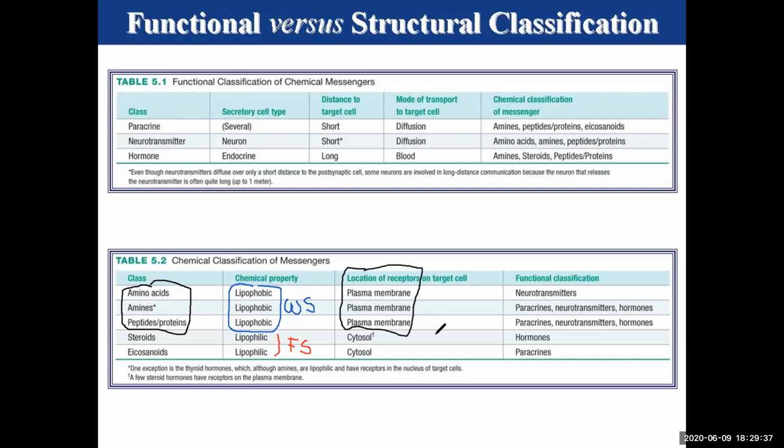They have to be on the plasma membrane for water soluble chemical messengers. But if we have the chemical messengers that are fat soluble, the steroids and the eicosanoids, they go straight through the membrane.